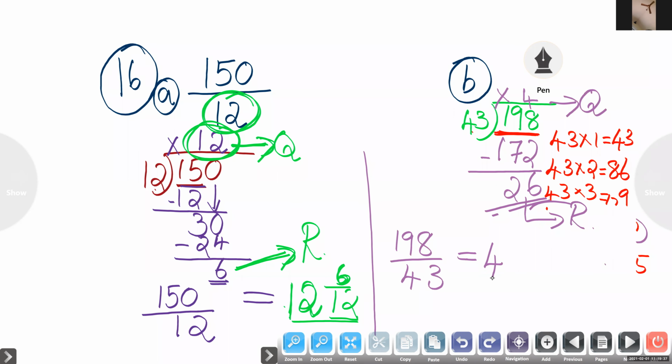Ma'am, 26 divided by 43. Yes. So children, 4 and 26 by 43. So 4 is the whole number and remainder is 26. So 4 and 26 by 43.